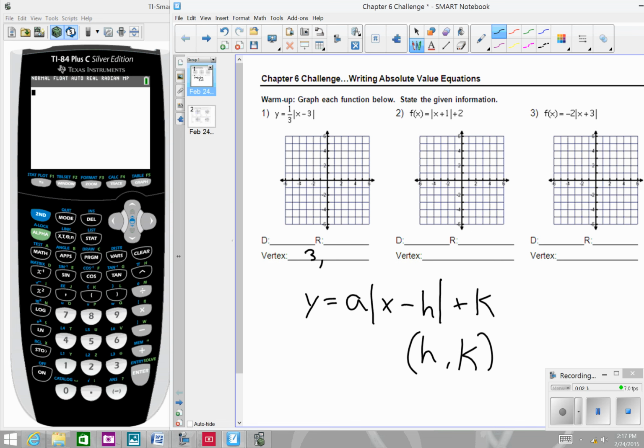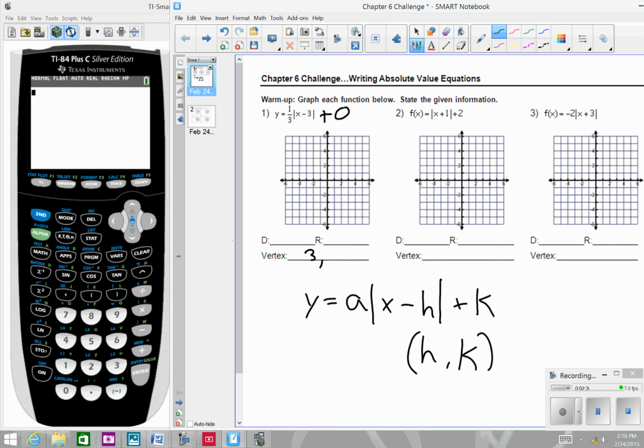Good. Now our k value is what's on the outside, what's adding or subtracting. Do you see anything being added or subtracted in this case? No, there's not a number there, but if you don't see a number being added or subtracted, that's like saying 0.